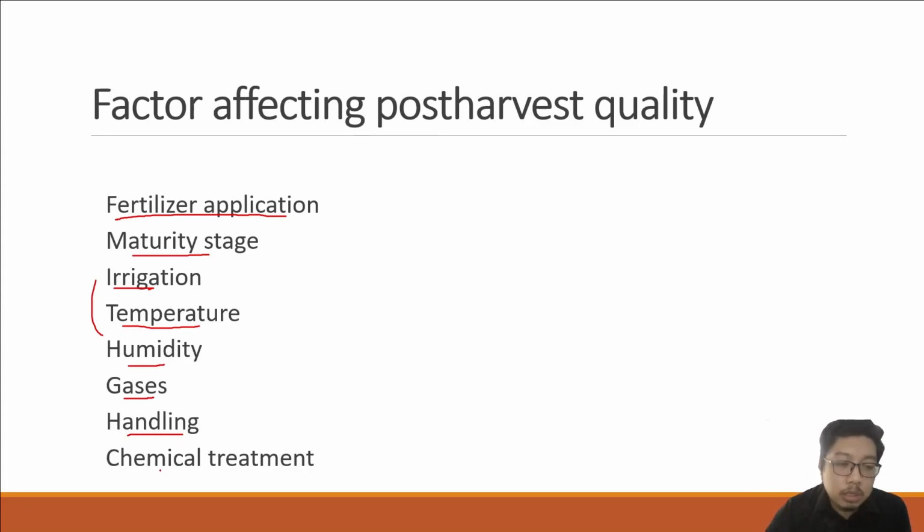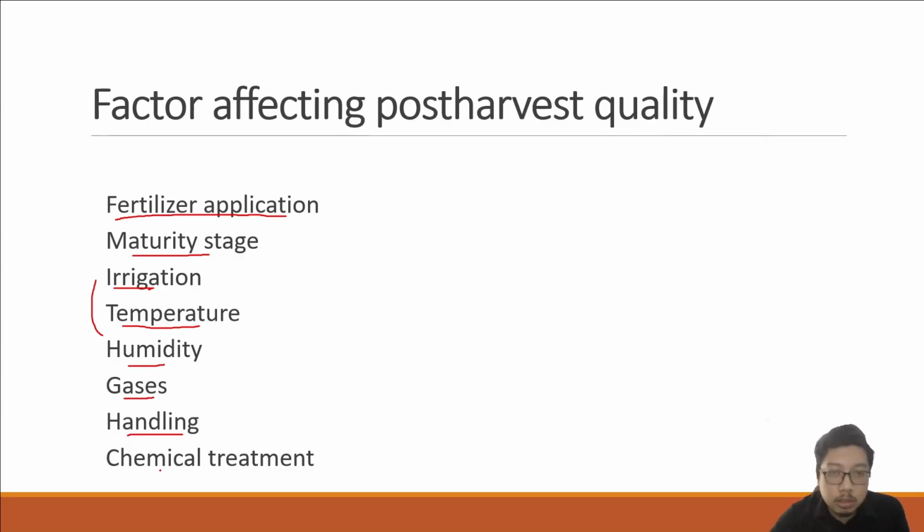And then the last one is chemical treatment. Usually there is a chemical treatment to enhance the storage life of the harvested crops. For example, for papaya, we usually apply fungicide in order to control the fungal growth at the stem.